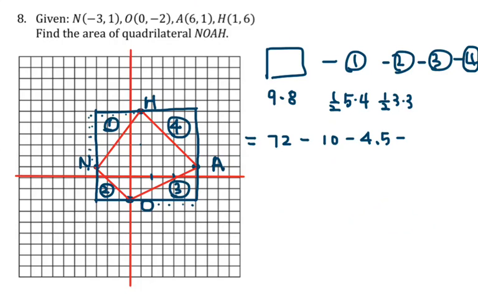Third one, here I have 6 by 3. So 1/2, 6 by 3, we get 9. The last one here is 5 by 5. So we get 12.5.